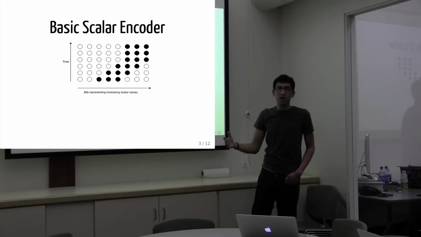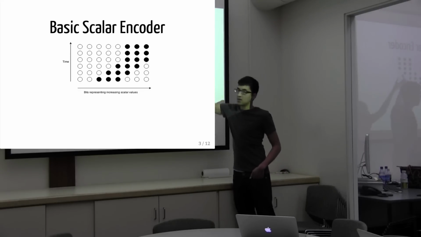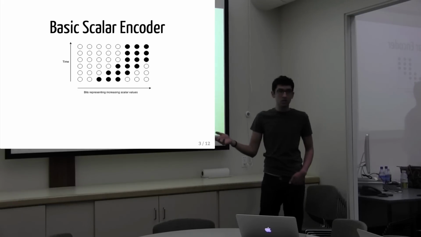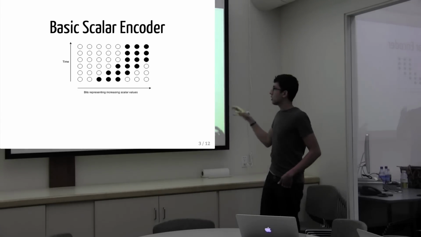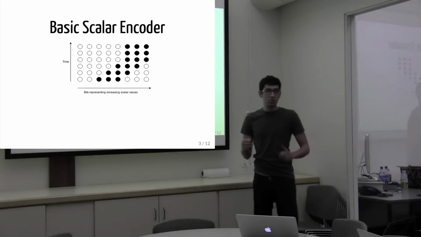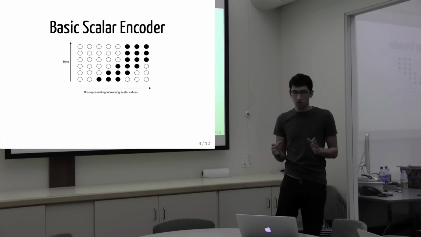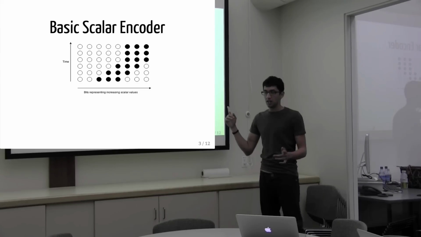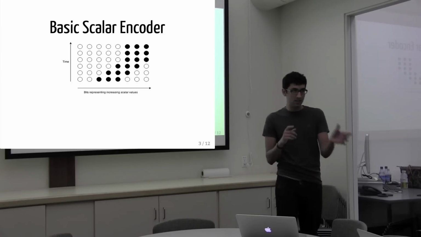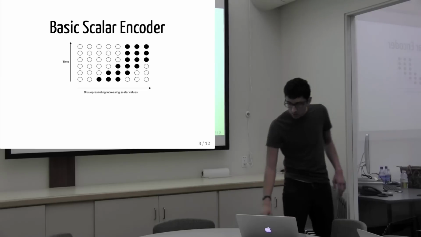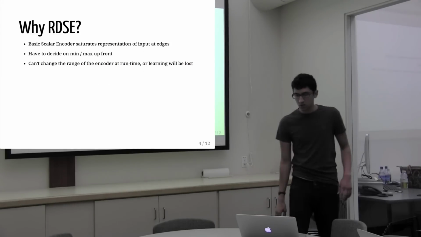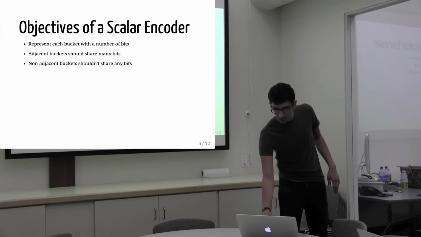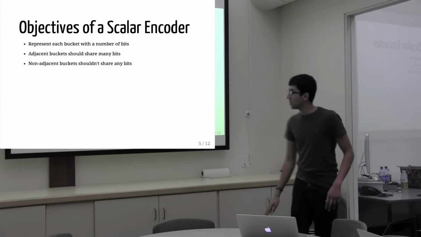So now the spatial pooler has no idea whether these 3 bits are representing 6 or they're representing 10. So when you specify the min and the max, the problem with this encoder is that you cannot represent anything beyond the min and the max, because they will just end up being represented by the same values as the edge, as the boundaries. Okay, so the objectives of a scalar encoder, let me skip over for a second.